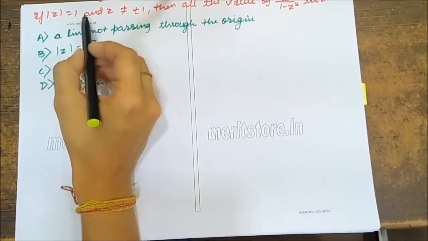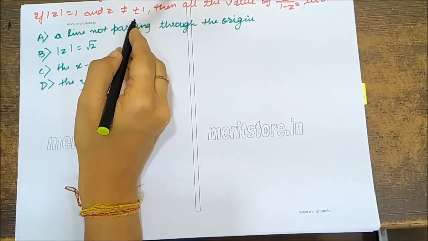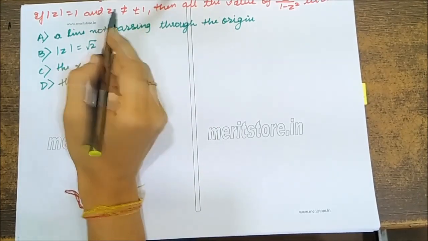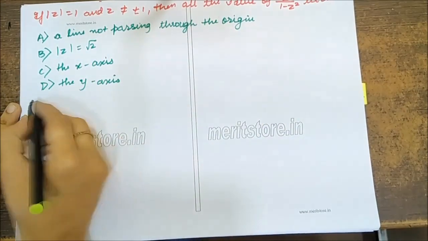If modulus of z is equal to 1 and z is not equal to plus or minus 1, then all the values of z upon 1 minus z squared lie on. Okay.